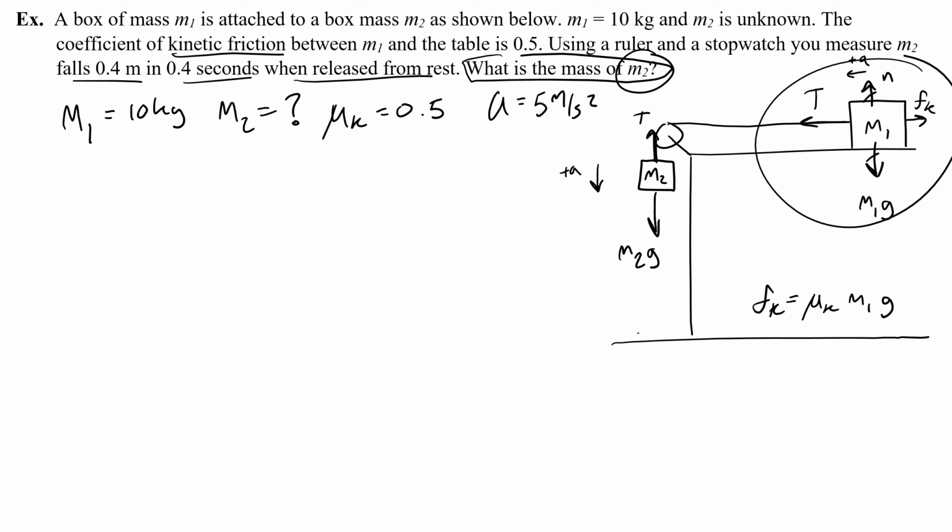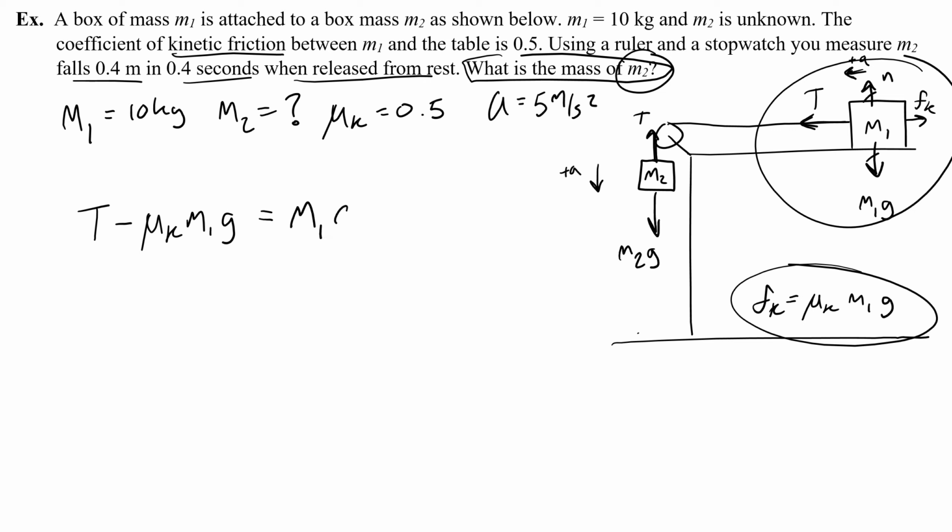Well, starting with m1, remember we decided that left is positive because that's the direction of the acceleration, so I would make T positive, then subtract Fk, which I'm going to go ahead and write as mu k m1g, just because I already wrote it down, and I'm pretty sure I'm going to have to do that. Okay, so tension minus friction is equal to what? It's equal to the mass of 1 times the acceleration. So that's our first equation.